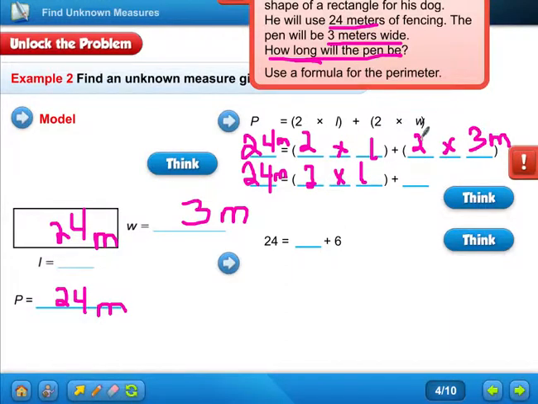And can we put these together and combine them? 2 times 3 equals 6 meters. So now you have to think, what can you put here?